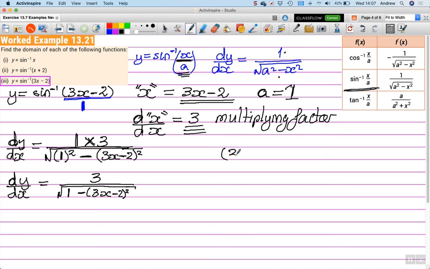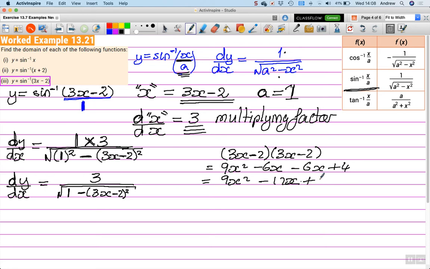So you've got 3x minus 2 to be squared, so it's 3x minus 2 on 3x minus 2. We're now going to multiply that out, 3 3s, so it's 9x squared, minus 6x, minus 6x, plus 4. And then we're going to tidy that up. It's going to be 9x squared minus 12x plus 4. And then we're going to do 1 minus it.